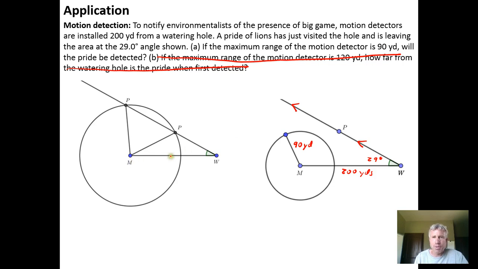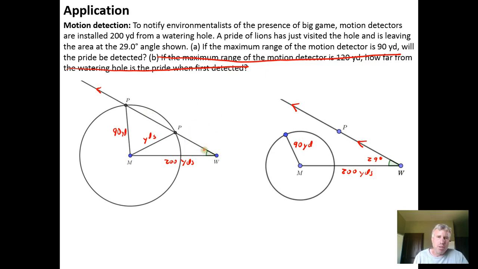However, the other possibility is that the motion detector, which is installed 200 yards from the watering hole, has this range of 90 yards that it can detect, and the range of 90 yards may in fact be large enough to intersect the path that the pride of lions is taking. And if that's the case, we'll detect them.